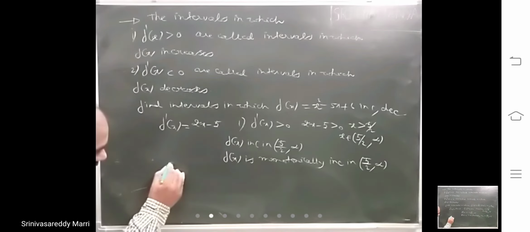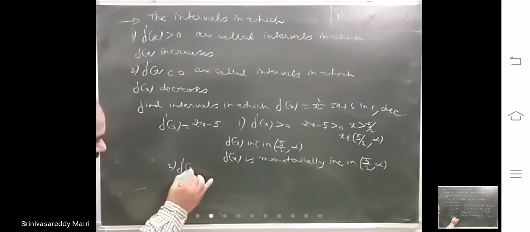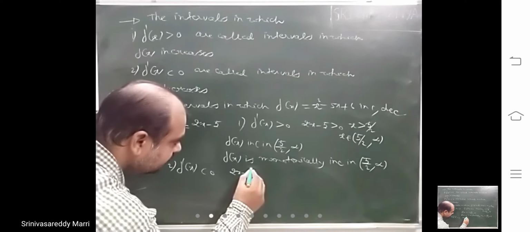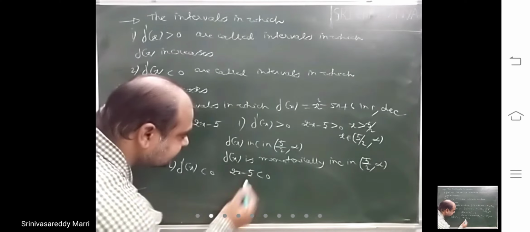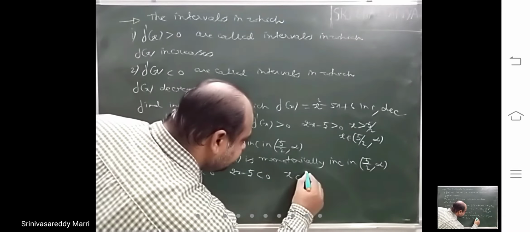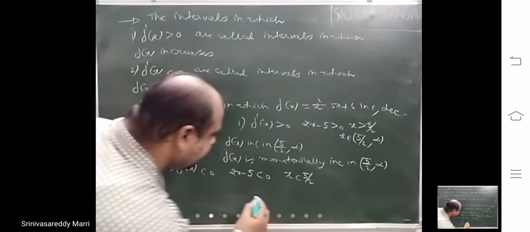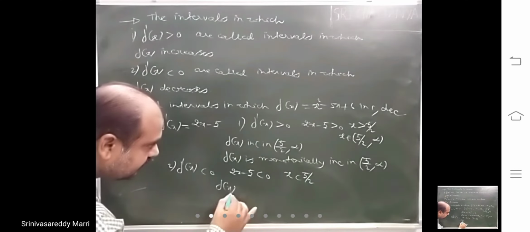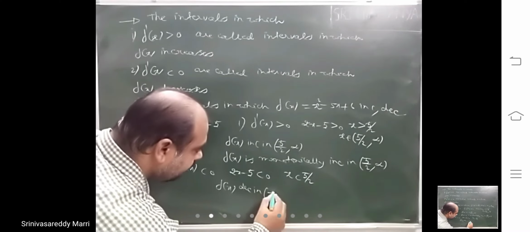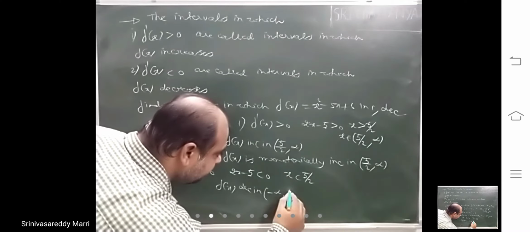So next, second, f dash x less than 0. That means 2x minus 5 less than 0. That means x less than 5 by 2. So f of x decreases in minus infinity to 5 by 2.